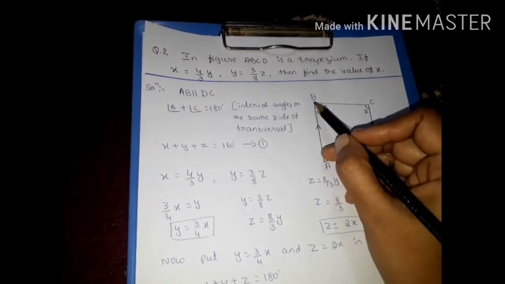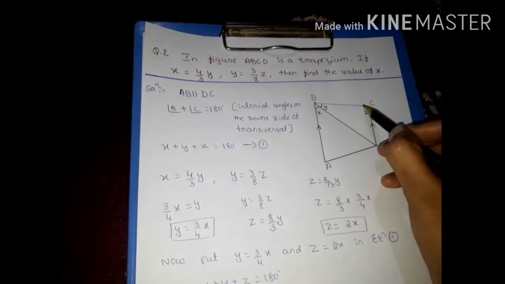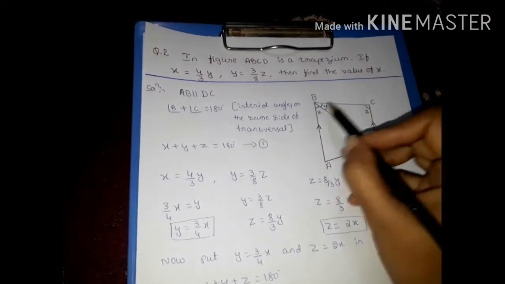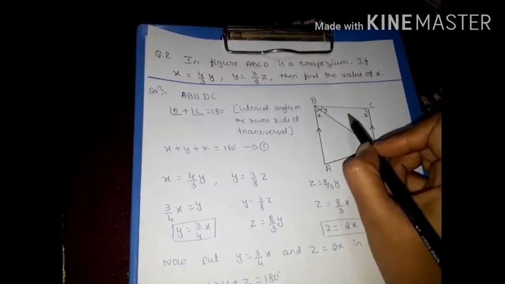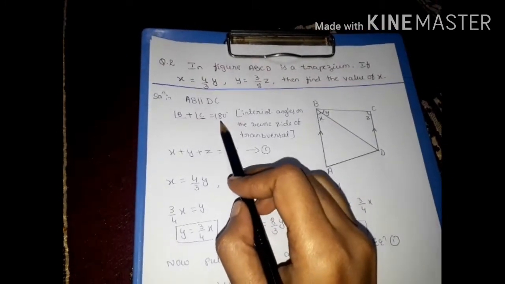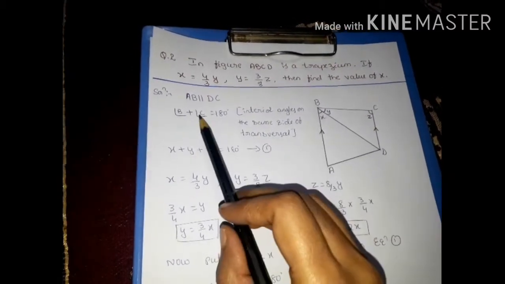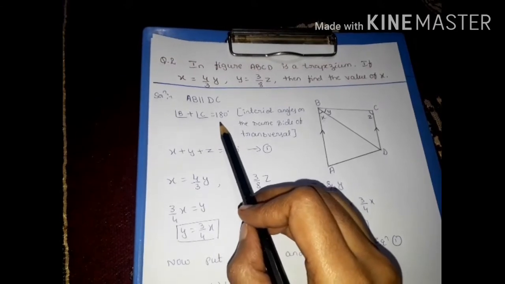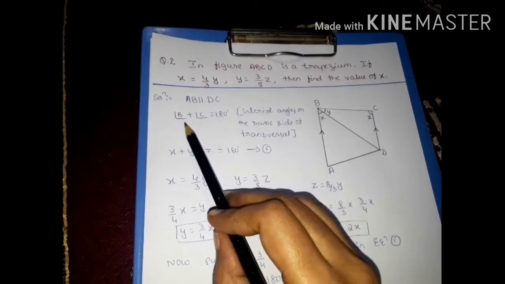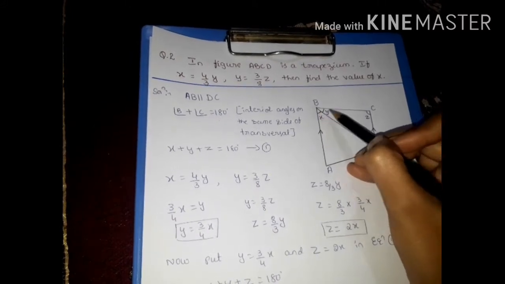When this line acts as a transversal, angle B plus angle C are the angles on the same side of the transversal. They are supplementary. We can write angle B plus angle C equals 180 degrees. The reason is interior angles on the same side of the transversal are supplementary. Here angle B is split in terms of x and y.